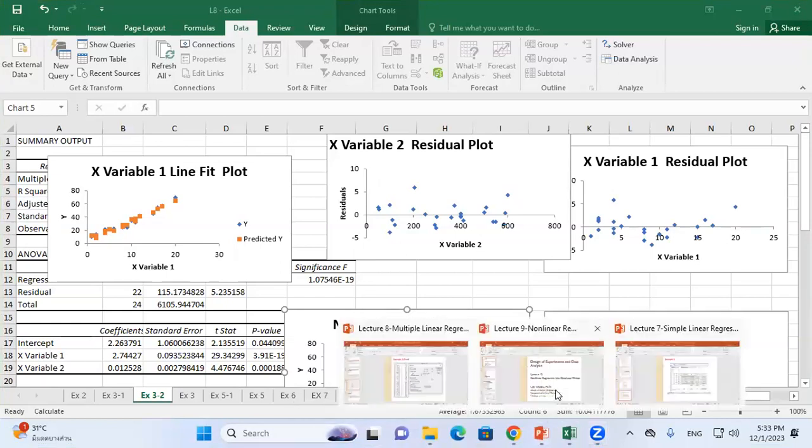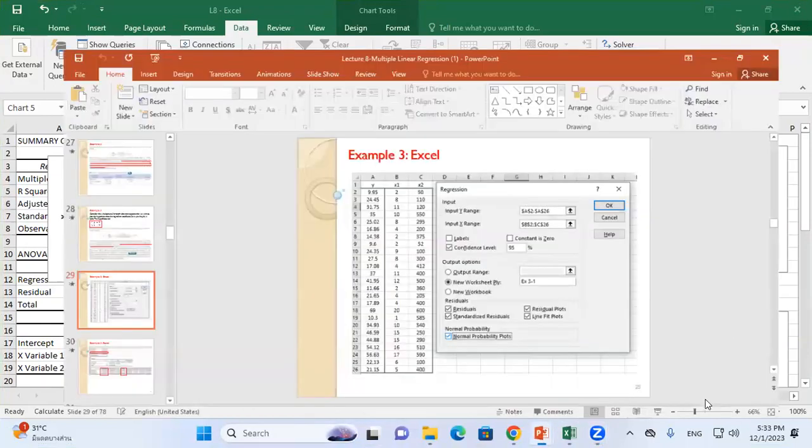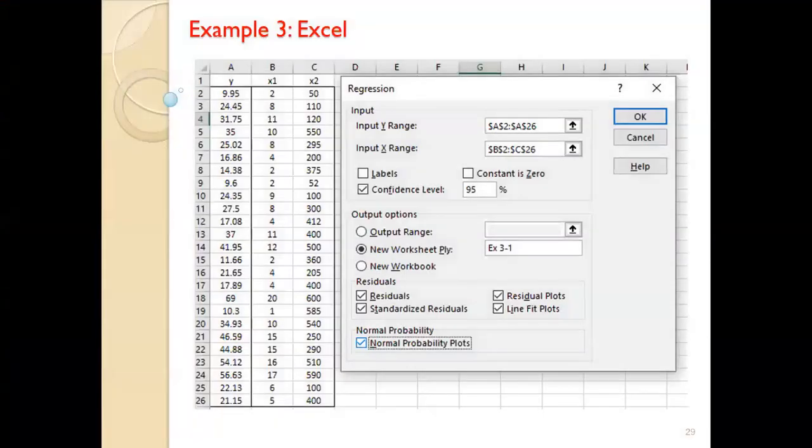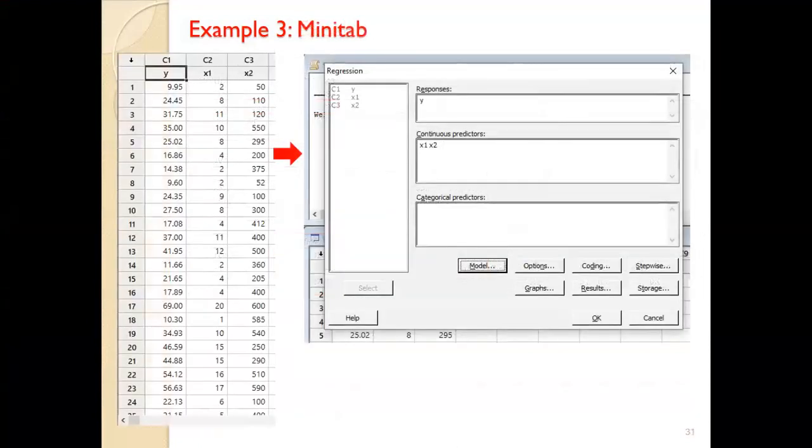Okay, we look at the Minitab for linear regression. You go through the same steps, but you go through the linear regression. For this case, you have to select only y as the response, but for the predictors we can add x1 and x2 in Minitab.